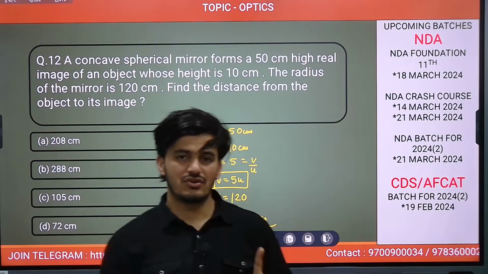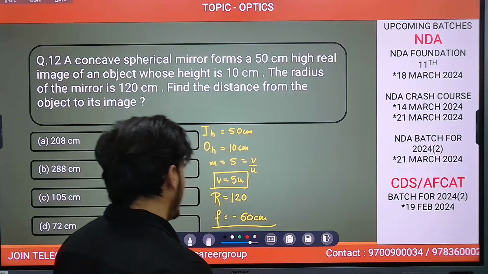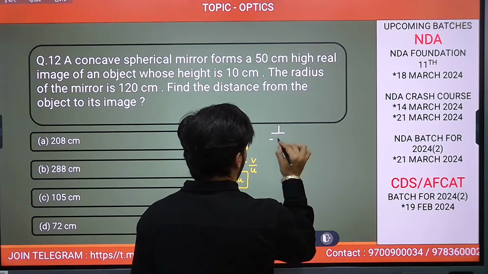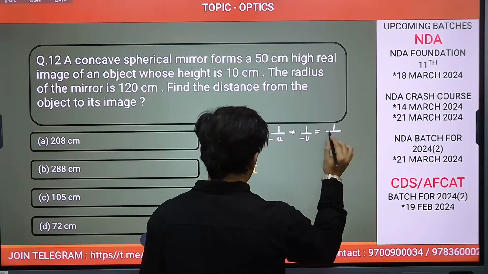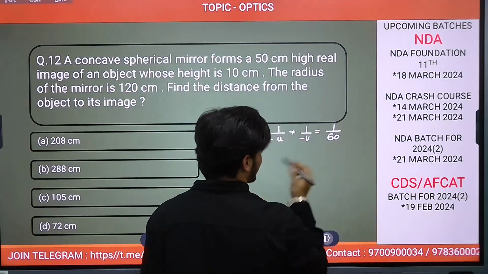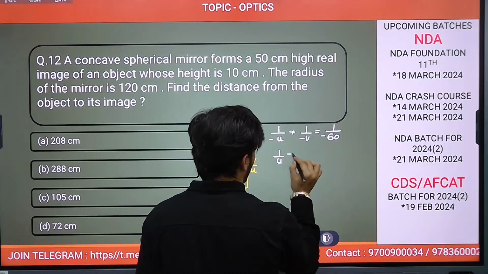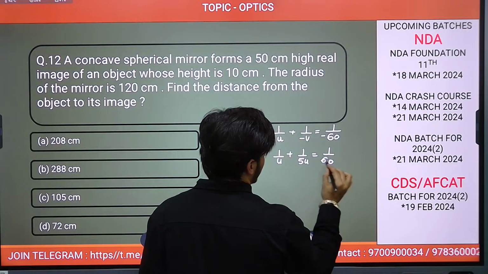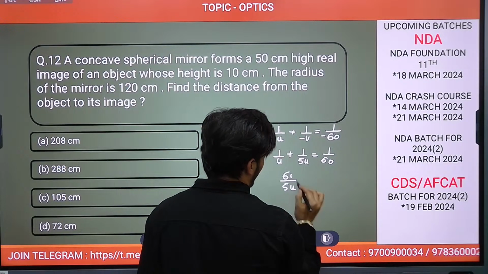We got radius of curvature 120, just take half of that, so it will be 60. Next thing is using the mirror formula. 1 upon minus u plus 1 upon minus v is 1 upon minus 60. It's a real image. So 1 upon u, 5u, 1 upon 60. कितना आ जाएगा? 6 upon 5u.